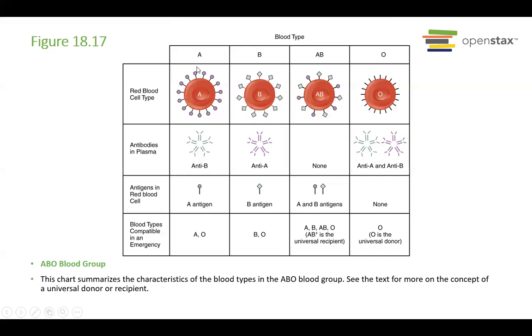So you need to know the difference between an antibody and an antigen. An antibody is what you use to destroy and kill. An antigen is who you are. An antigen is your glycocalyx.